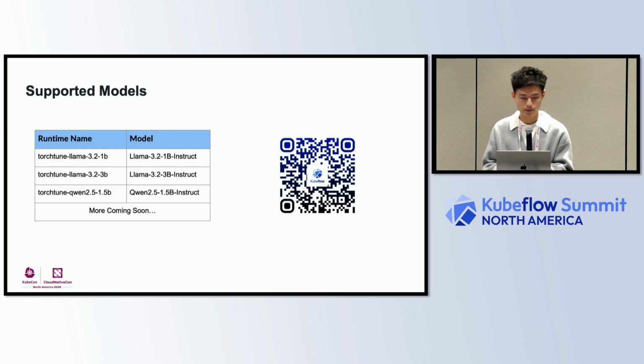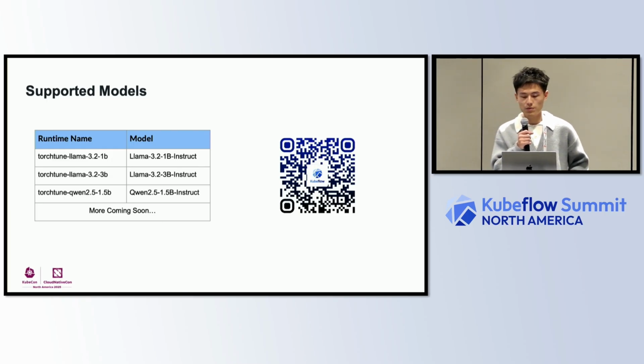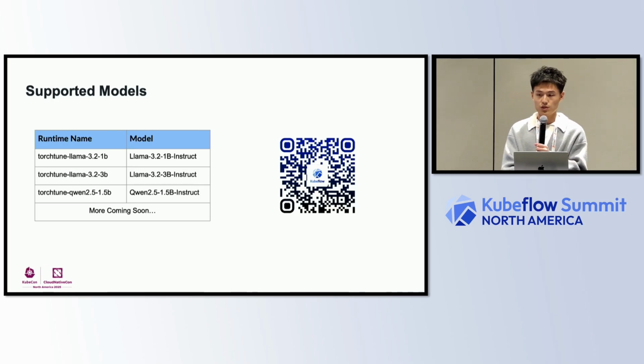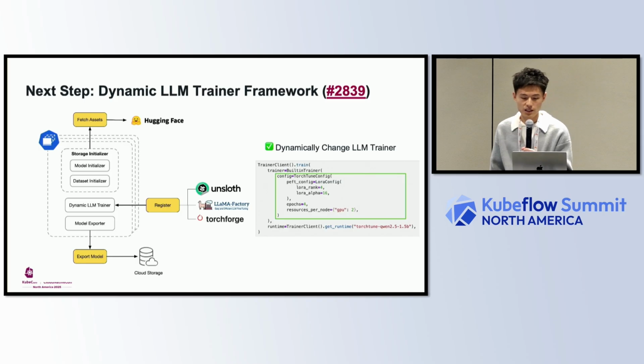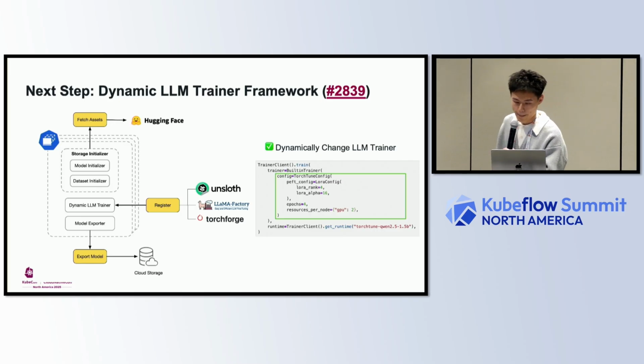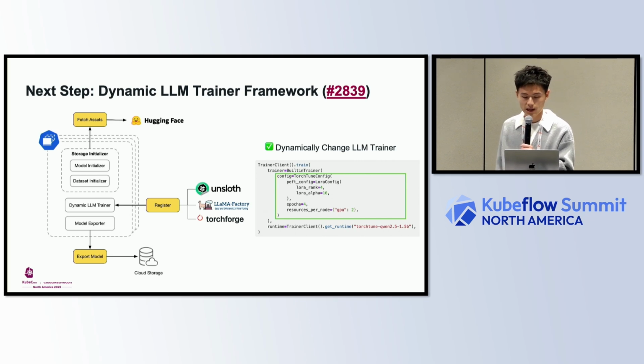Up to now, we support the Llama 3.2 model family and Qwen 2.5, and we will support more models in the future. The next step of Kubeflow LLM Trainer is to support a dynamic LLM Trainer framework. As shown in the graph, we will implement a unified Python API to allow users to quickly change between different fine-tuning backends.